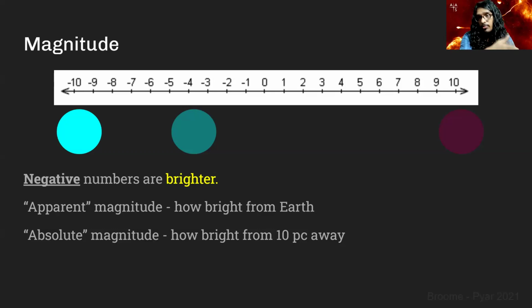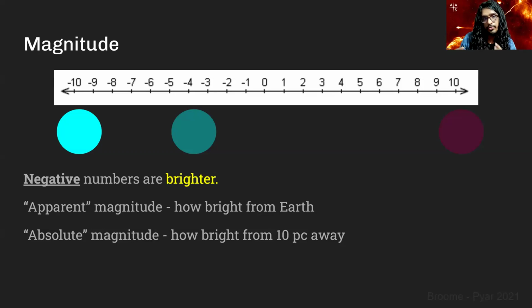But when we adopted the system, and when we redefined how magnitude is measured, we started using negative numbers. So negative numbers are allowed now, and it feels a little bit unintuitive, but just remember that negative numbers are bright when we are measuring magnitude of an astronomical object.